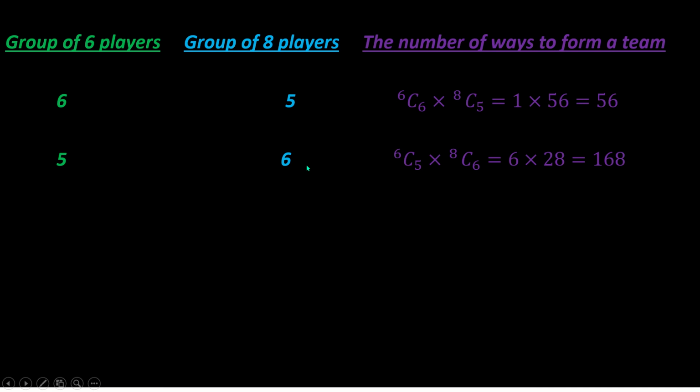And the process for finding 5 players from 6 players and 6 players from 8 players equals 6C5 into 8C6. 6C5 equals 6 and 8C6 equals 28. This equals 168. You can use a calculator or you can solve.